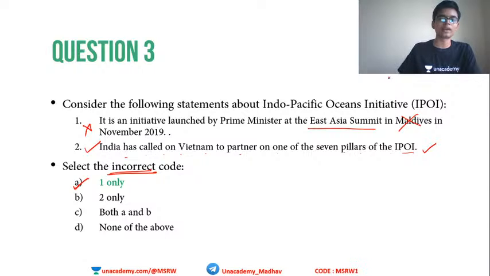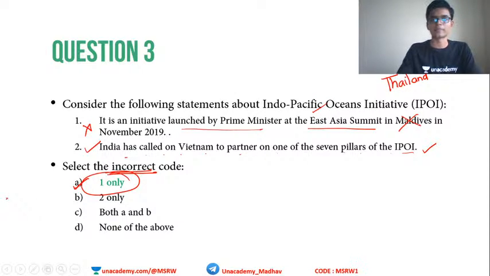It happened in Thailand. So the first statement is wrong. The second statement is correct. It was launched by our Prime Minister in November 2019, the Indo-Pacific Oceans Initiative. So the correct answer is option A.